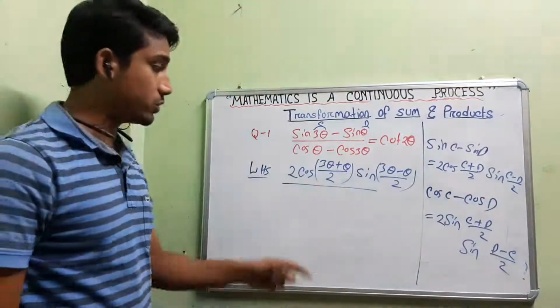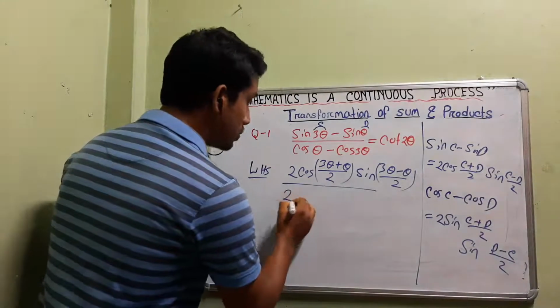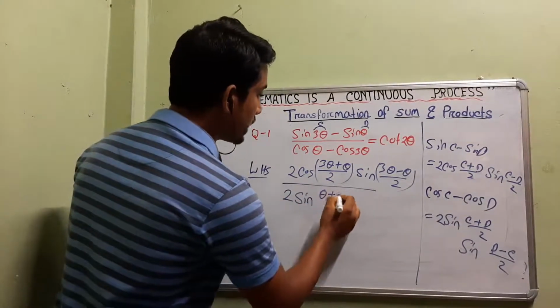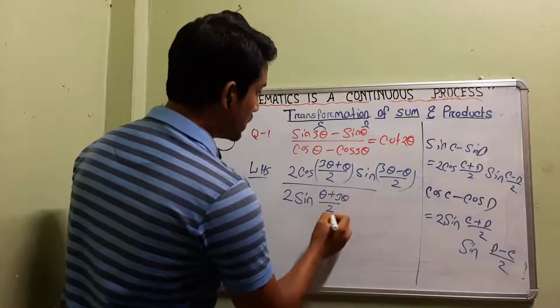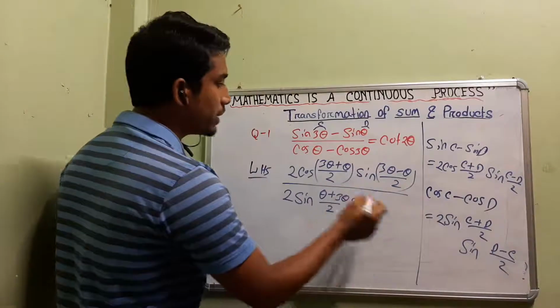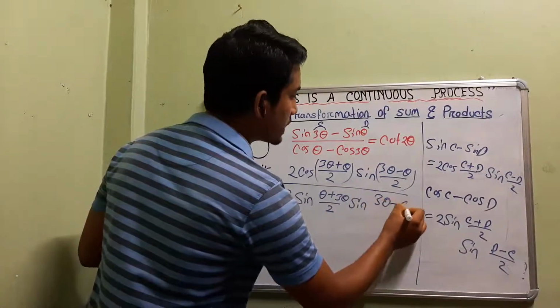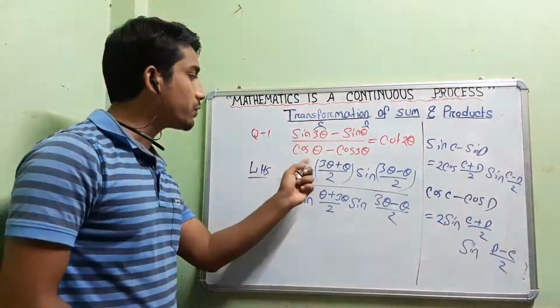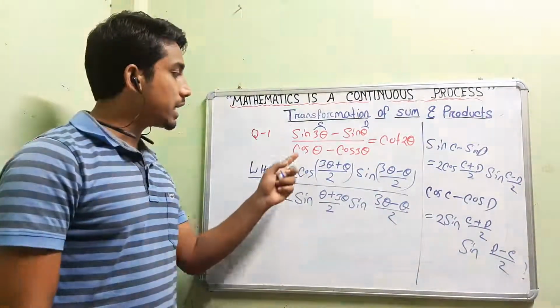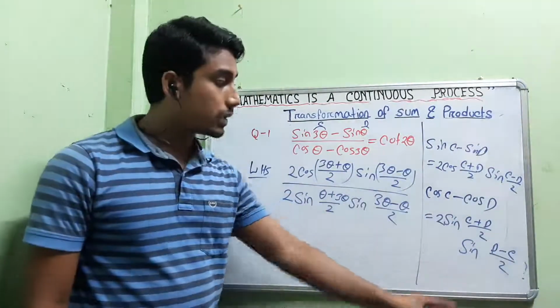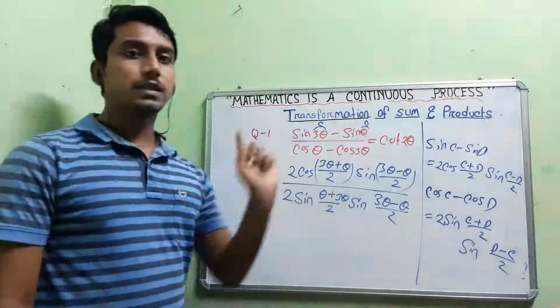So 2 sine C plus D by 2, that means theta plus 3 theta by 2, but in case of the next one sine, it will be D minus C by 2, 3 theta minus theta divided by 2, just in the reverse manner. Remember, in case of cos C minus cos D, the formula is 2 sin C plus D by 2 sin D minus C by 2.